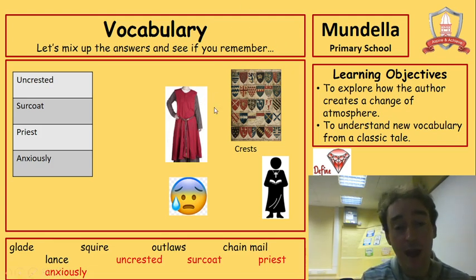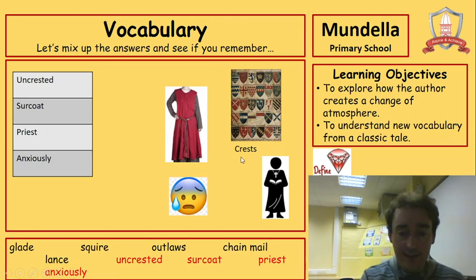So all of the men on their surcoats will wear this crest or badge, which will show that they belong or work for the Sheriff of Nottingham, okay? And this is a surcoat here, actually. If the surcoat does not have a crest, it's uncrested, then obviously it's very mysterious. Where have these men come from?